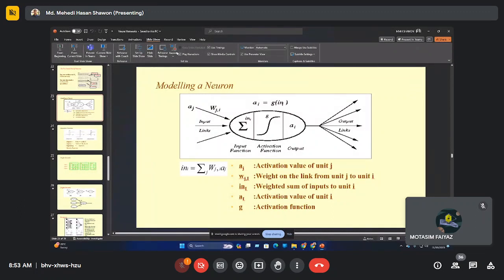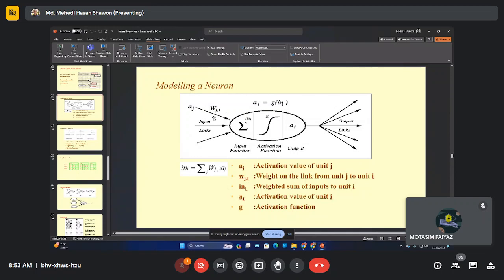As you can see here, aj is the activation value of unit j. Suppose in previous layers there are some units j1, j2, j3, j4. I mean, suppose before this neuron there is a layer, and in that layer there are two, three neurons, j1, j2, j3. Those activation values will come to this neuron, and they will bring some weights, right?